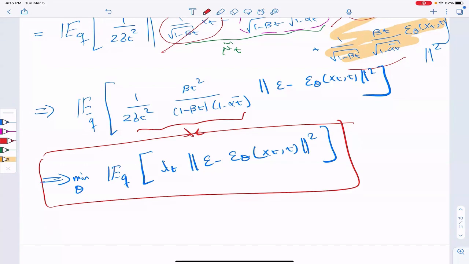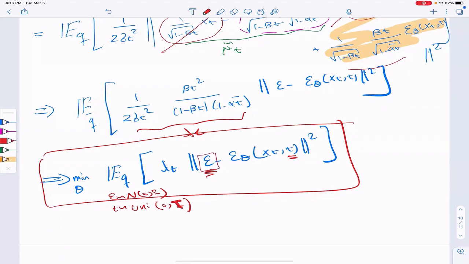That is the whole objective for training state-of-the-art diffusion models. How do you do it? You get a sample epsilon, usually from a normal distribution. And then you also pick a uniform t from, let's say, 0 to your capital T.